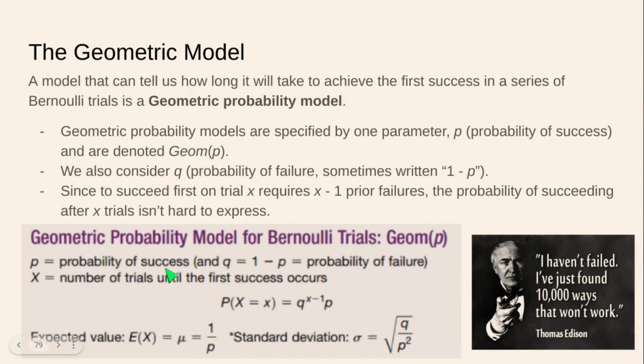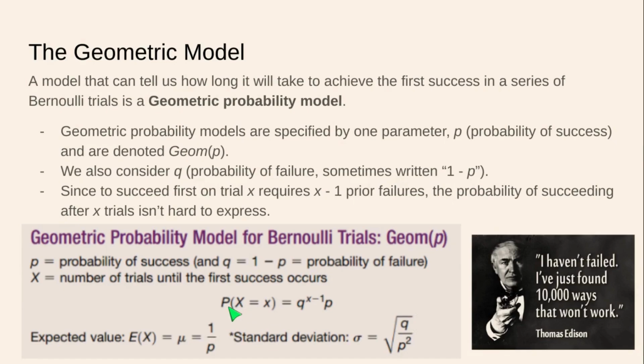P is the probability of success, Q equals 1 minus P is the probability of failure. X is our random variable, and X is going to be the number of trials until the first success occurs. So on trial X, that's little x, we would have our first success.